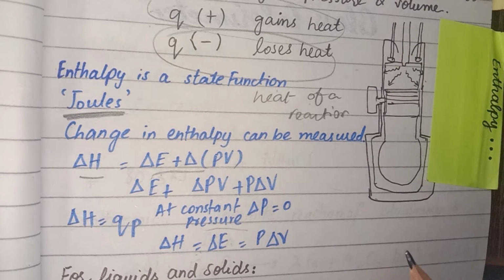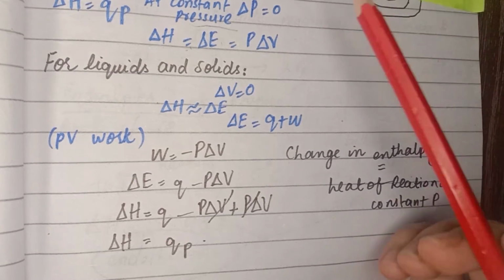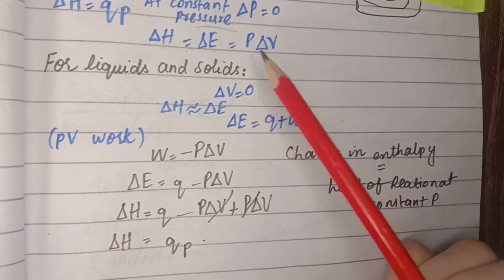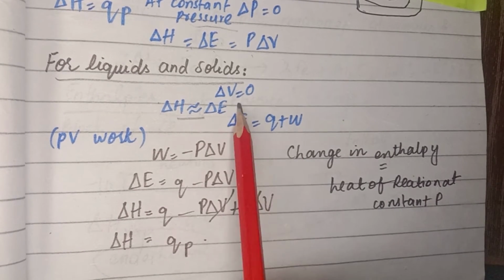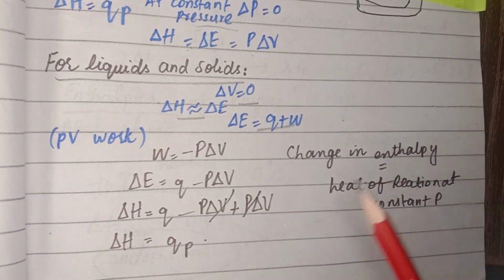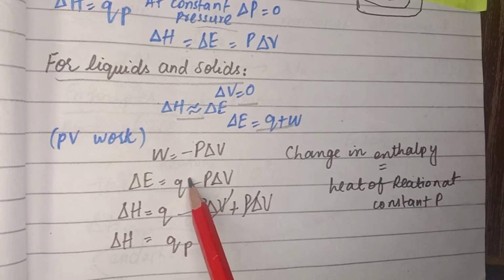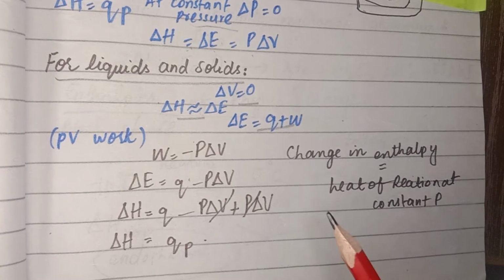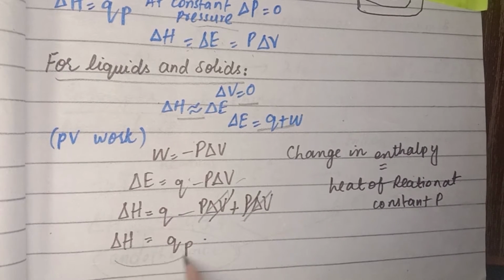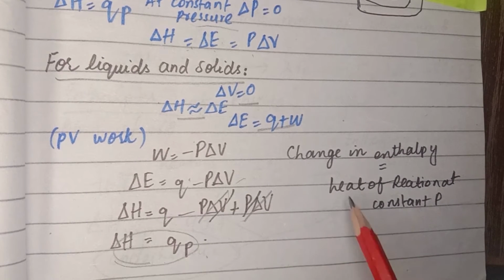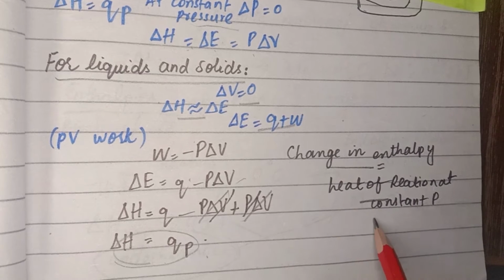We indicate the heat transfer at constant volume by the symbol QV, where QV will be equal to delta E at constant volume. For liquids and solids, where delta V is equal to 0, which means the change in volume is equal to 0, delta H is nearly equal to delta E. Here, change in enthalpy is equal to heat of reaction at constant pressure.